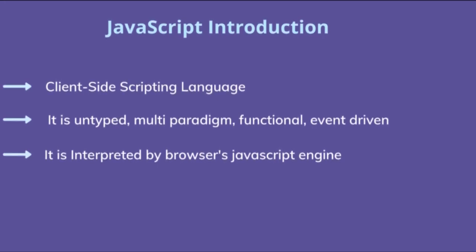For that, as mentioned, every browser has a JavaScript engine. For example, for Chrome, it is the V8 engine. For different browsers, it's a different engine. That JavaScript engine is able to execute the code which is written in JavaScript. And make sure while doing this, JavaScript must be enabled for that particular browser. Only then will you be able to see the execution of your JavaScript code.